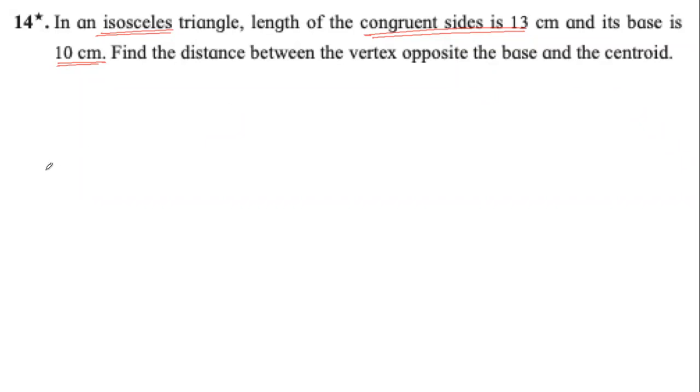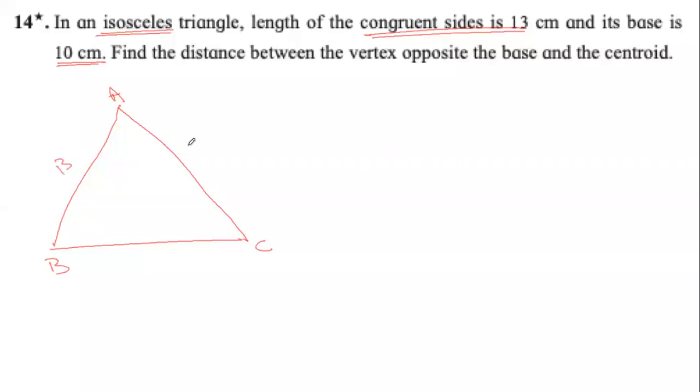Okay. Let us not worry. Let us start drawing and maybe we will understand the question much better. You will draw a much better isosceles triangle. Suppose in this triangle ABC, AB and AC are the congruent sides.